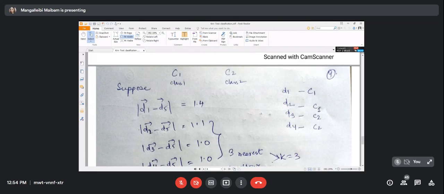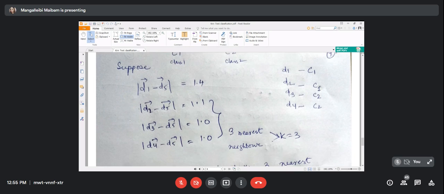I have two classes, and I have d1, d2, d3, d4. d1 belongs to class 1, d2 belongs to class 1, d3 belongs to class 2, and d4 belongs to class 2. Suppose after finding the distance with our test document, I get d1 and d5 as 1.4, d2 and d5 as 1.1, d3 and d5 as 1.0, d4 and d5 as 1.0.